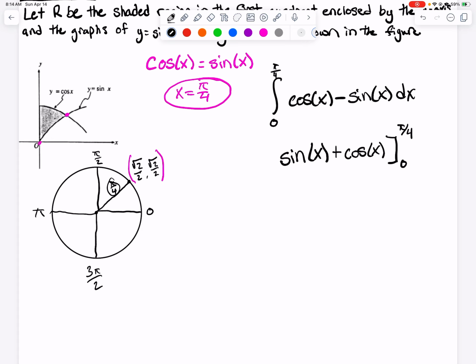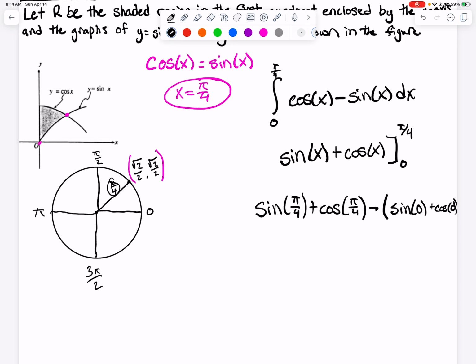Okay, going from there, let's start plugging things in. So sine of pi over 4, sorry, plus cosine of pi over 4, minus sine of 0 plus cosine of 0. Get to the edge of my paper, sorry.